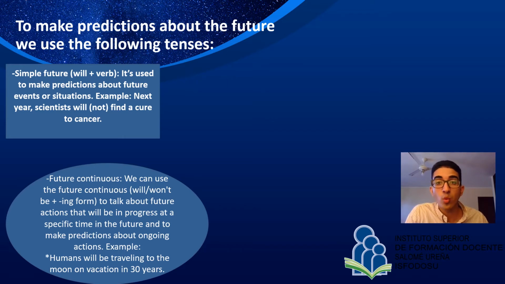So that action will be in continuous process in 30 years. Now, in the future continuous, the structure is the auxiliary verb will plus be plus the verb in the gerund form. It means the verb plus ing.